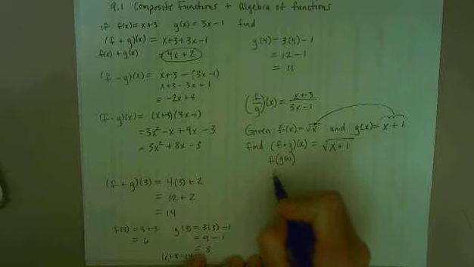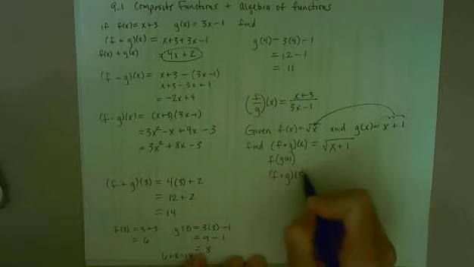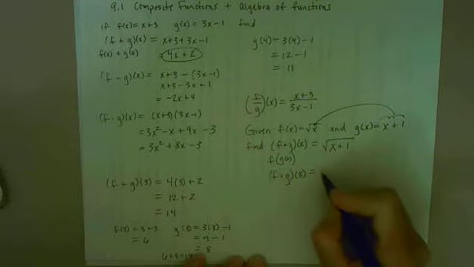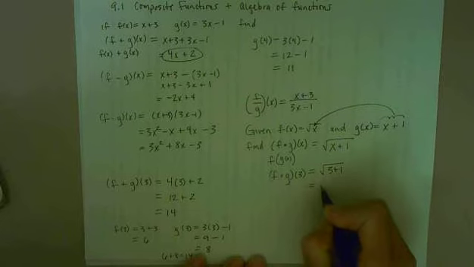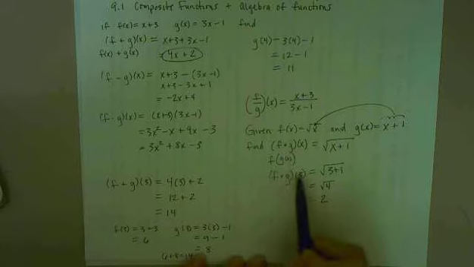Now if they said f of g of 3, for example, then I have already done f of g of x, so I could just plug it into that right there. And I would have the square root of 3 plus 1 equals the square root of 4, which we know is 2. Or the other way to do it is to go ahead and think of plugging 3 into g first.